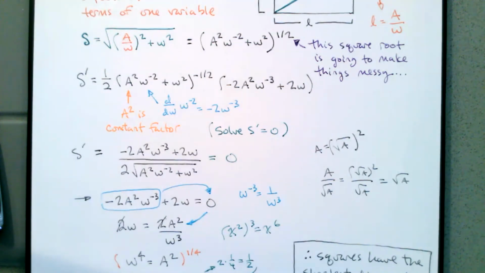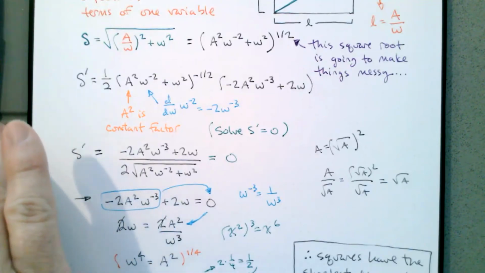If that's going off to infinity to make the first derivative equal to 0, we're not concerned with that case because we're trying to minimize the length of the diagonal. So the context of the problem tells us not to worry about that case and just take the numerator and set it equal to 0. That's how we're going to get the derivative equal to 0 in this case.